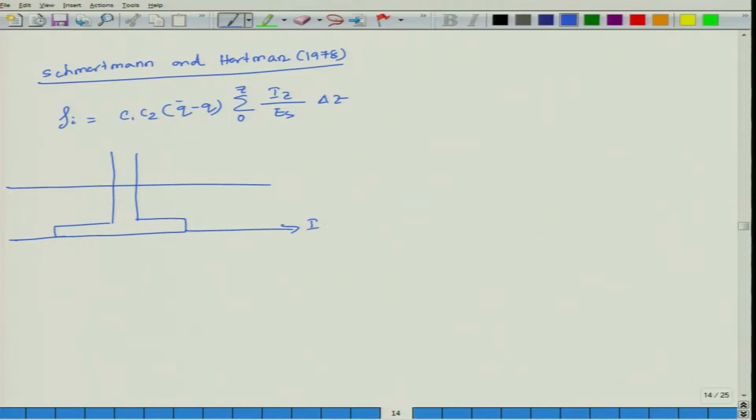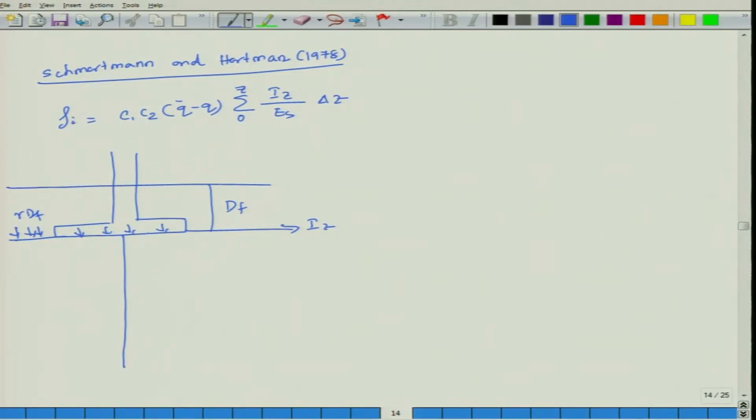and this is your variation of your Iz, this is your depth of the foundation, this is your gamma Df, and this is your footing load intensity.